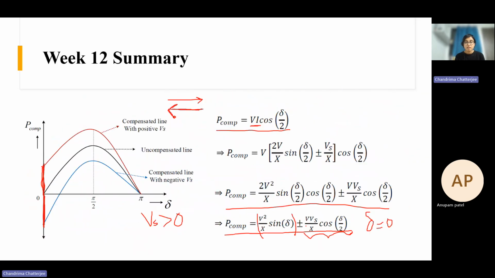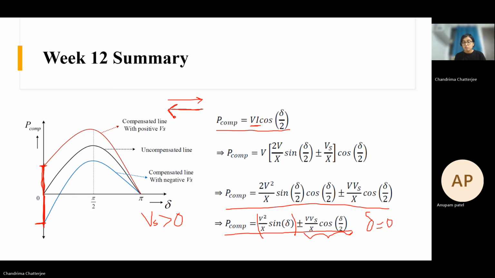So I already discussed that SSSC can provide positive as well as negative power. Negative power means power reversal. The power flow direction changes. And how does that happen? When the voltage injected by SSSC is negative.